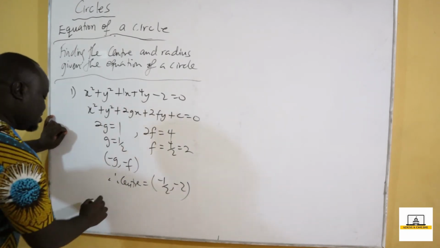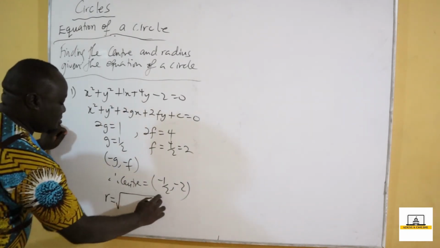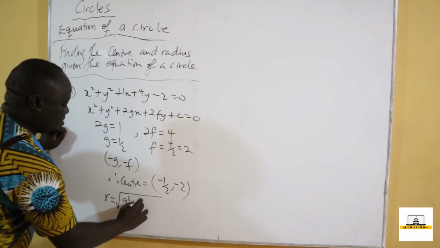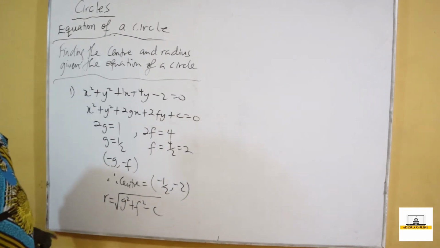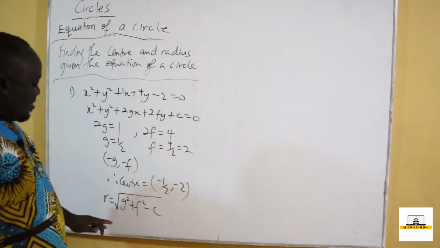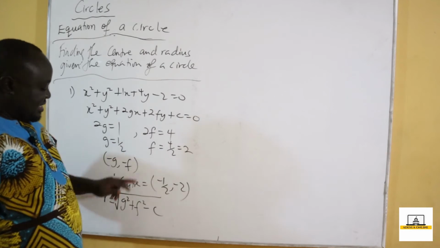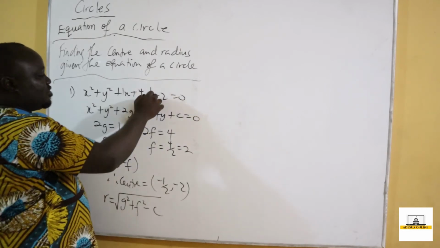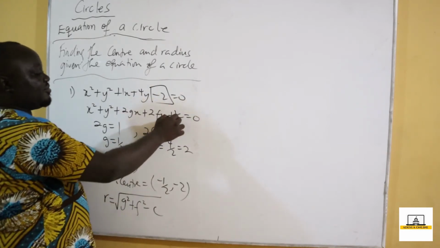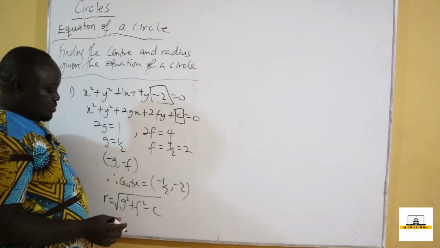Then our radius is equal to the square root of g squared plus f squared minus c. We are going to replace our g and f with these values. Our c is the constant, minus 2.